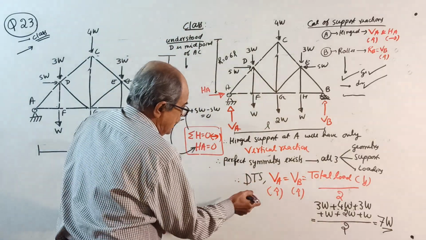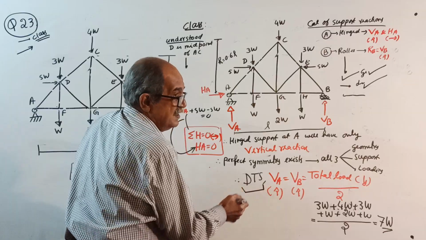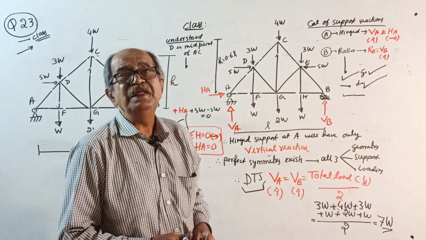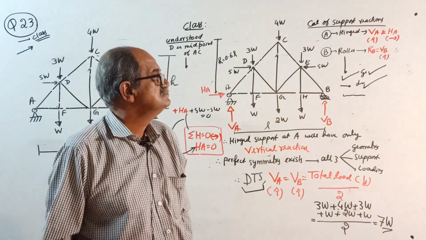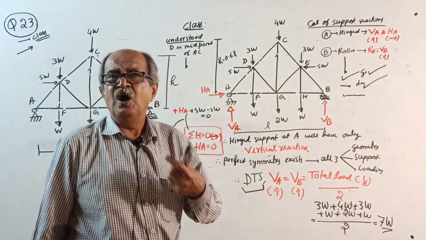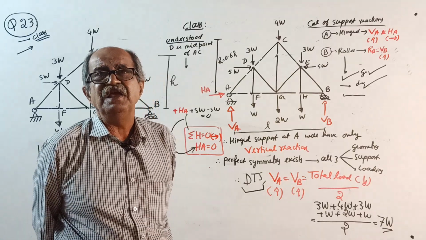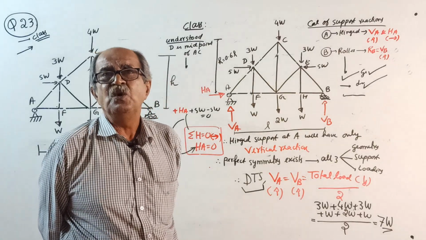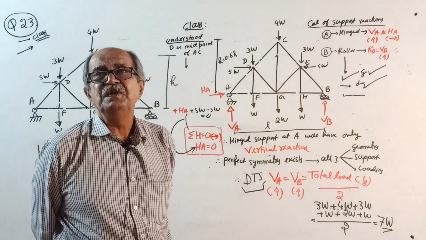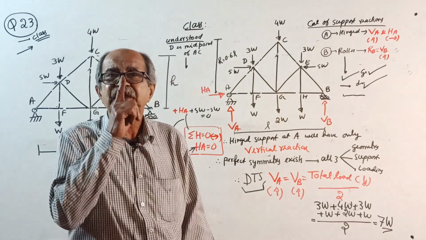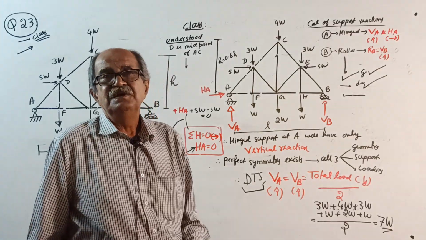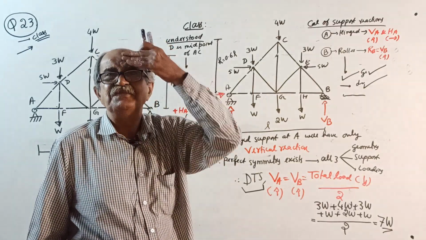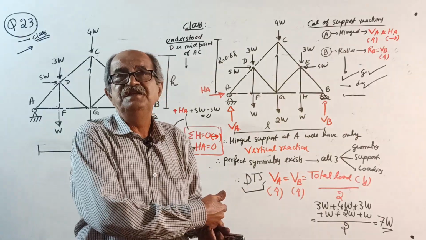DTS, I deliberately will not write. Somebody put a comment recently. What is DTS? I ignored the comment. If you have gone through all the classes, you know what DTS is. If you cannot go through all the classes, simply ask me what DTS is. Sorry, I will keep quiet. It was told so many times in the classes. It is not for this engineering mechanics.